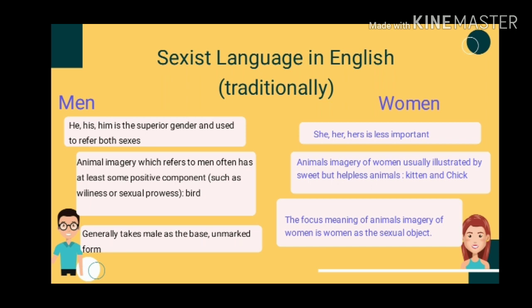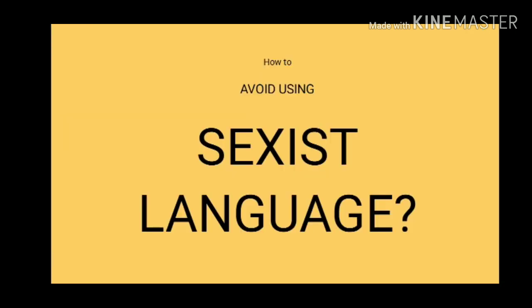But animal imagery for women has less positive meaning. Usually, the animal imagery of women is illustrated by sweet but helpless animals like kitten and chick. And the focus of that animal imagery is women as sexual objects.